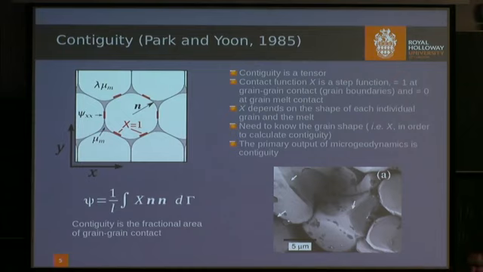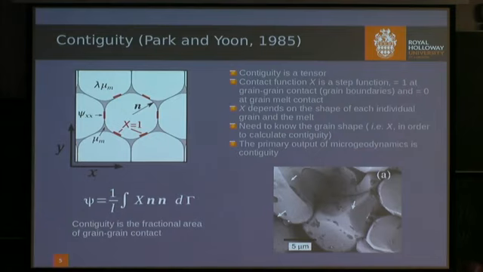Now, the issue that we will look at is, under certain conditions, this could be an isotropic tensor, and you could just use the trace of the contiguity to define what's going on. But especially when we get deformation, this tensor starts to become anisotropic, and that has quite a lot of implications. I'll just show one implication for the lithosphere-asthenosphere boundary. Okay, so we'll just keep that in mind, and let's move on.